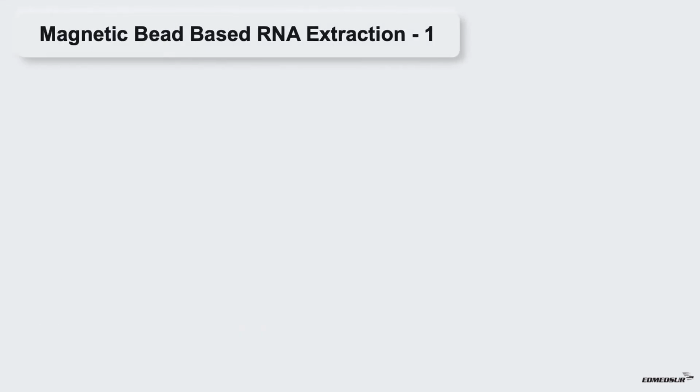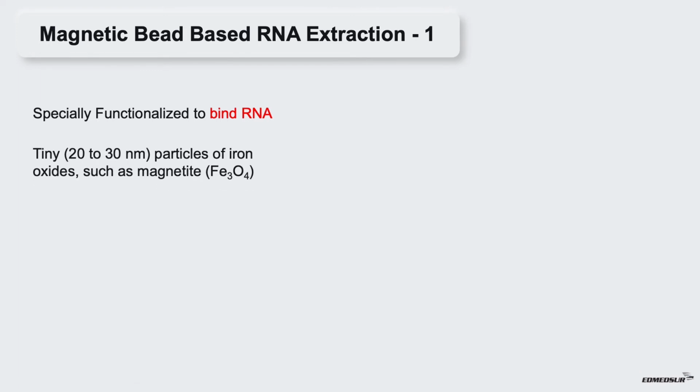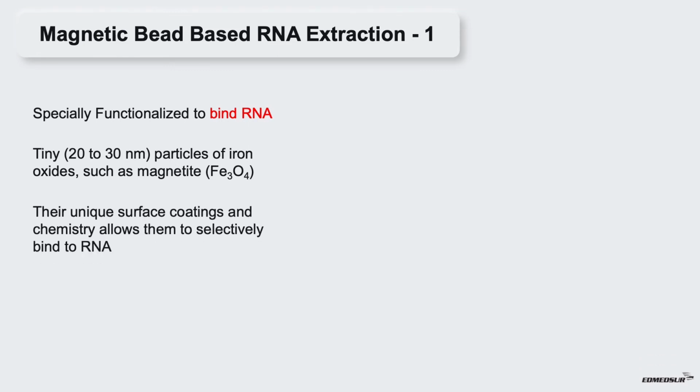Magnetic bead-based RNA extraction Part 1. RNA extraction using this method relies on the magnetic beads which are specially functionalized to bind RNA. Magnetic beads are made up of tiny particles of iron oxides such as magnetite. Their unique surface coating and chemistry allows them to selectively bind to RNA.